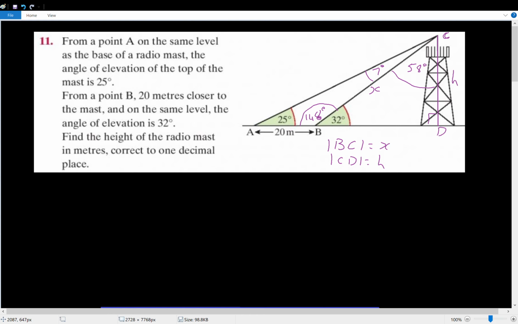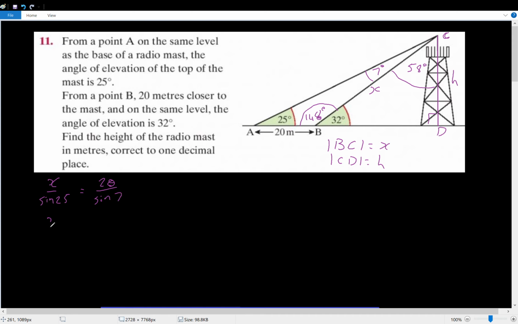And we can use the sine rule to get all of this done. So we'll start off by getting our value for x. It's going to be x over the sine of the angle opposite it, which is 25, so x over sine 25 degrees, and that's going to be equal to 20 over the sine of the angle opposite it, which is 7.